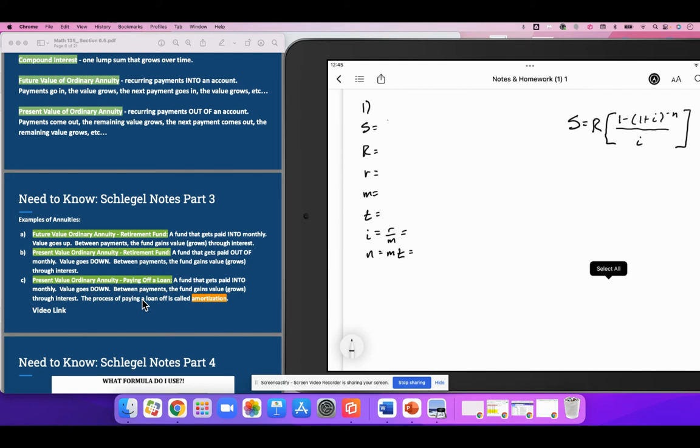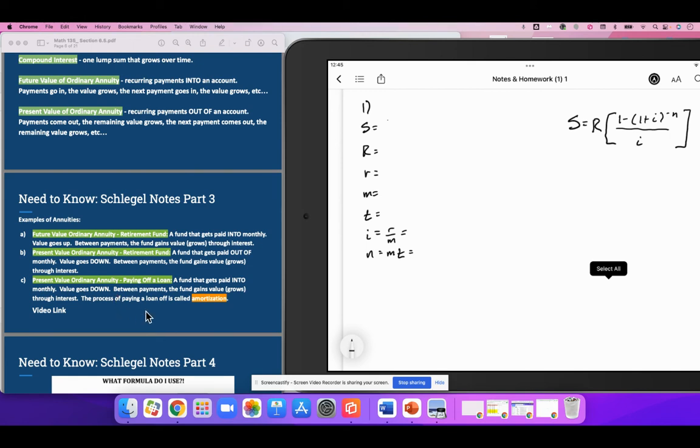So it's kind of a little bit of backwards thinking. For the retirement side of it, or an investment that we have, present value of ordinary annuity, we are taking money out of the account. And for the present value of an annuity in terms of paying off a loan, we are putting money into the account. But in either case, the characteristic that qualifies it to be a present value of ordinary annuity is that the value of that fund is decreasing.